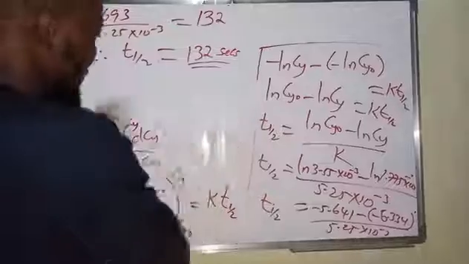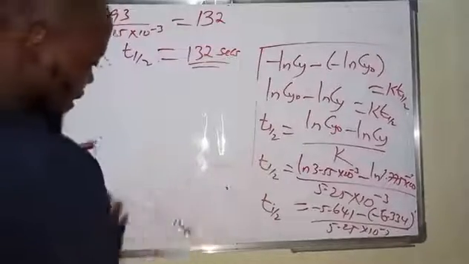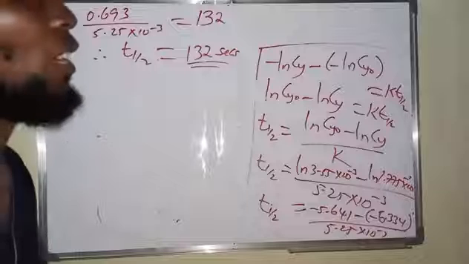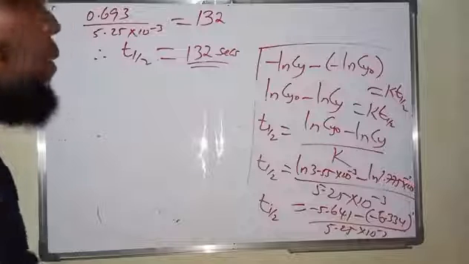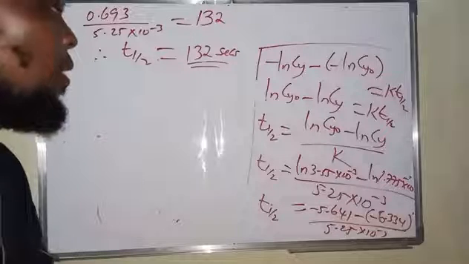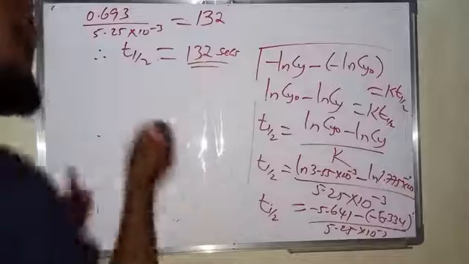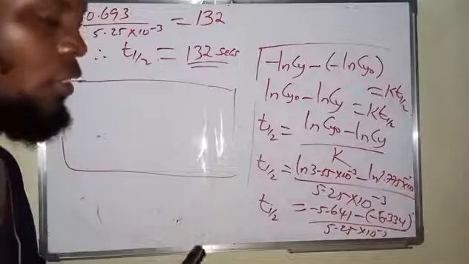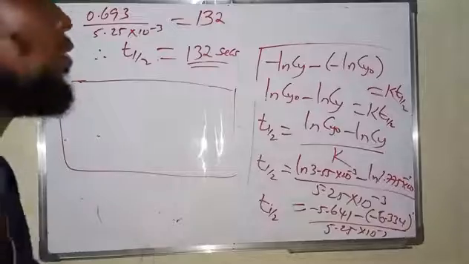So that is the answer. The question really looks tough, looks long, especially if you're not privy to integration and differentiation. Well, in shortcut, I'll give you in case you come across a similar question for a first order reaction.